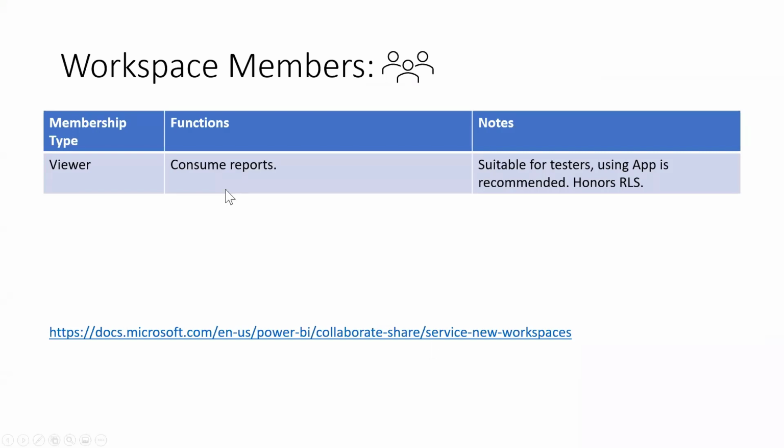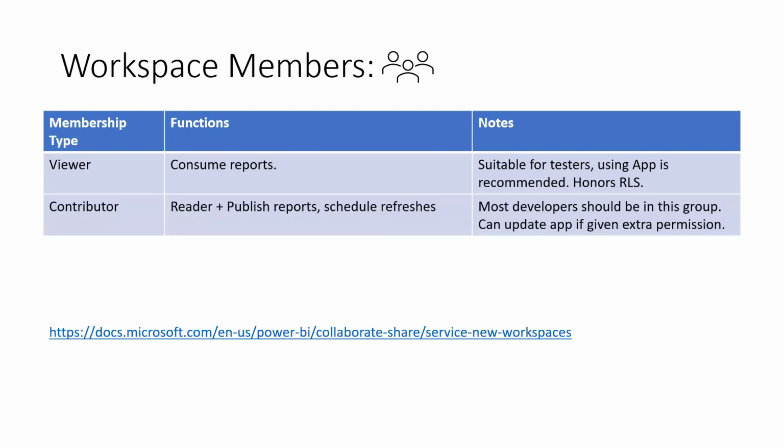However, you can sometimes give people viewer permission, which is the lowest level. It honors role-level security, which is very important if you have it. And it's really suitable for testers. Otherwise, it's recommended that you use the Workspace app, okay? Next level up is a contributor. It can do everything a viewer can do, but they can publish.